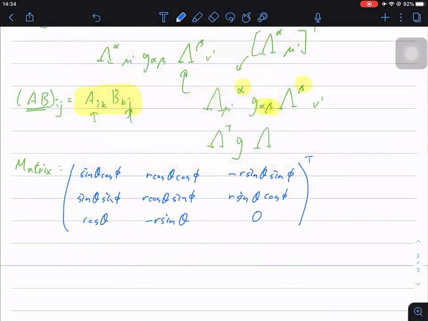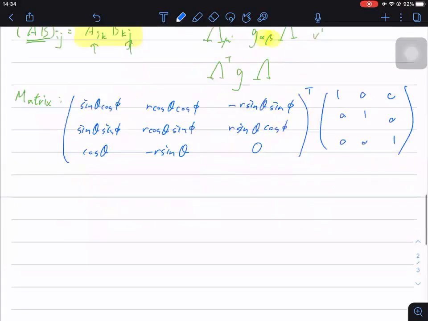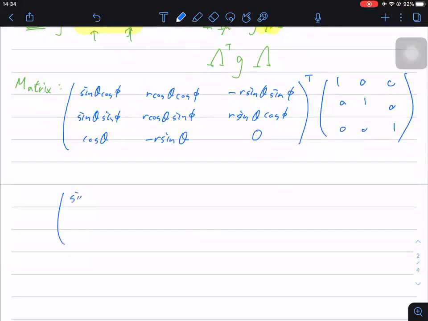Okay, so multiplied by 1, 1, 1, and then finally multiply by lambda itself.